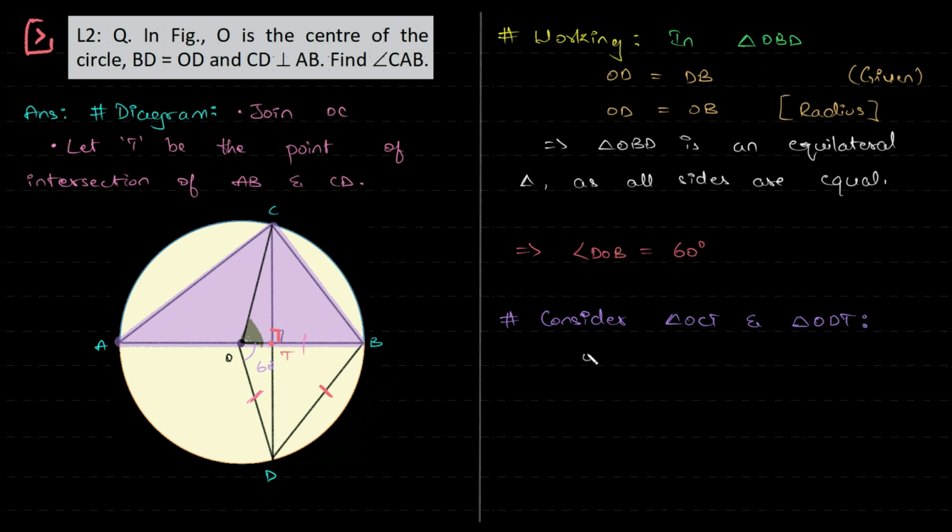We have OC equal to OD, they're radii. Then what else do we have? OT is common. And since those two lines are perpendicular, we can tell angle OTC is equal to angle OTD because they are equal to 90 degrees, and this is because AB is perpendicular to CD.